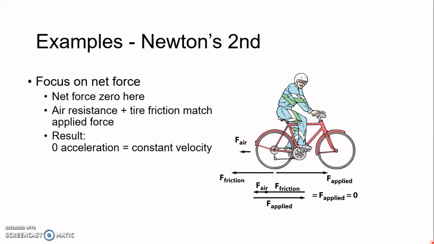And if there is no acceleration, then that means that we have to be moving at a constant velocity. The reason for this being, what is acceleration? Recall from earlier that acceleration is a change in velocity over time. But if there's no acceleration, then there has to be no change in velocity. Therefore, velocity is constant.